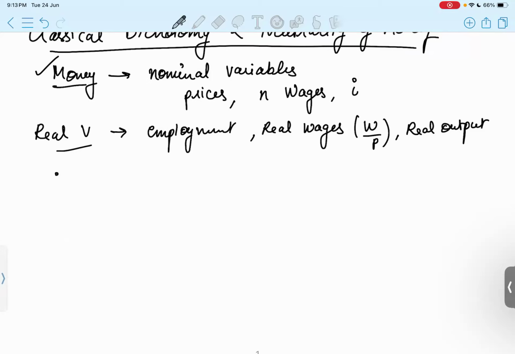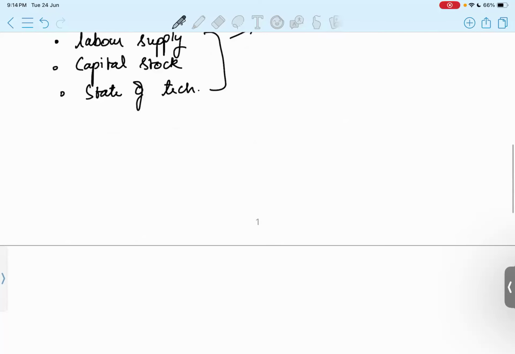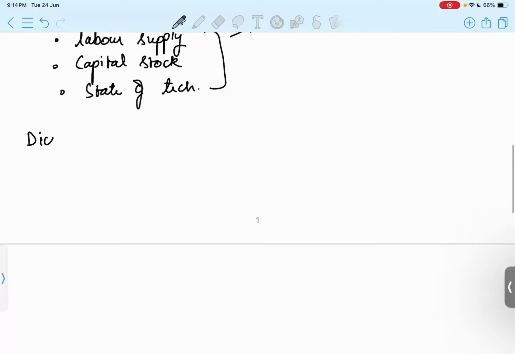There are three other things: labor supply, capital stock, and the state of technology in the economy. They will directly impact all these real variables which have been mentioned. So dichotomy, the classical dichotomy, is that money is neutral in determining the real variables.